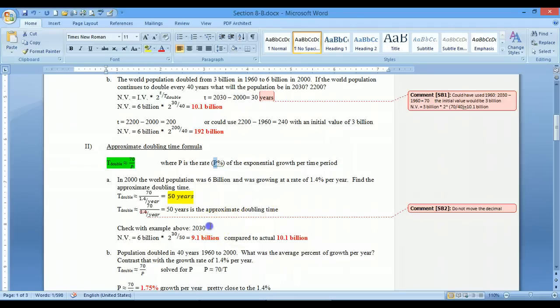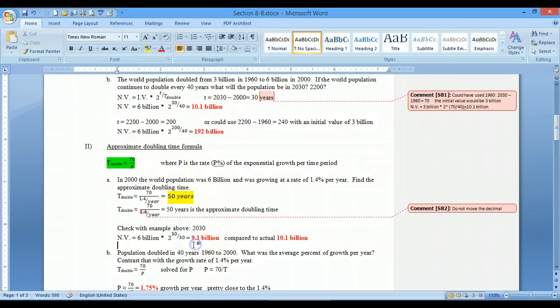Let's go ahead and check with the year 2030 just because. For 2030, we had new value equals the initial value, 6 billion, times 2 to the elapsed time. If we're checking with 2000, it was a 30-year difference. And in this case, our doubling time is 50, where up here we used 40.